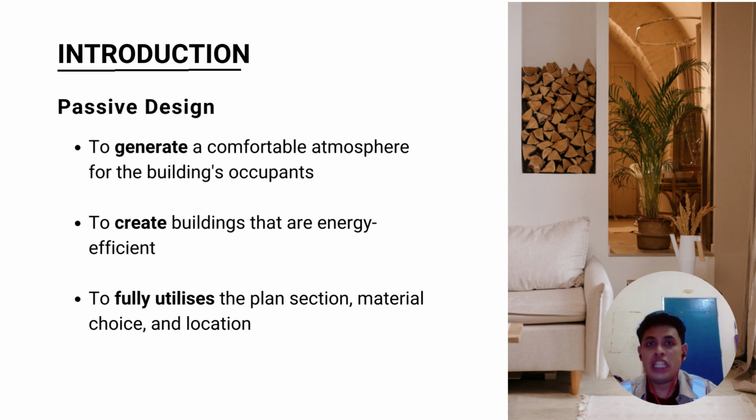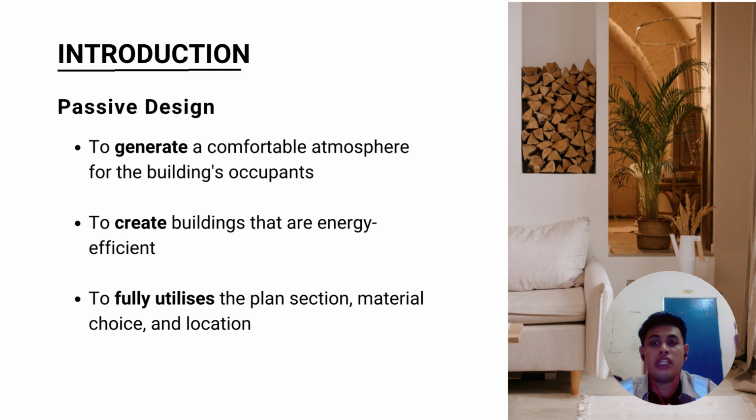Firstly, passive design. A passive design makes the most of the surrounding environment to generate a comfortable atmosphere for the building occupants, along with minimizing energy use and implementing a renewable energy system that meets household energy needs.